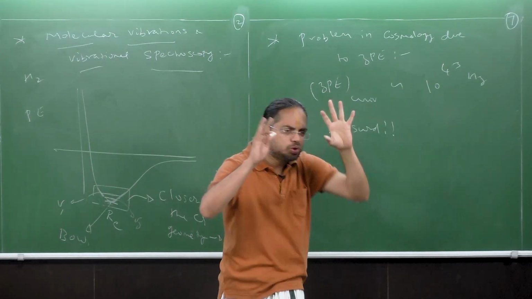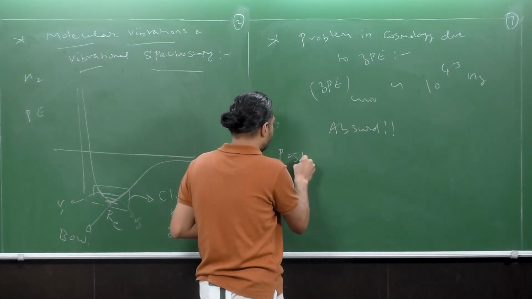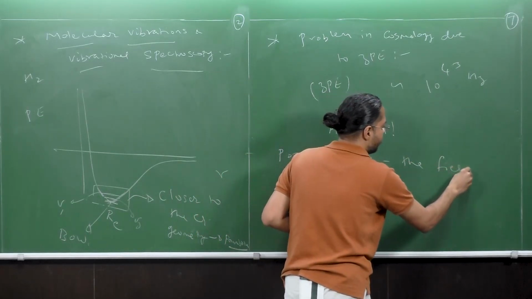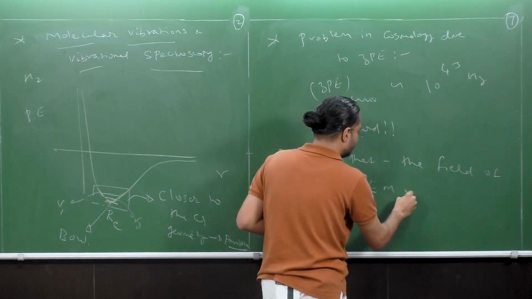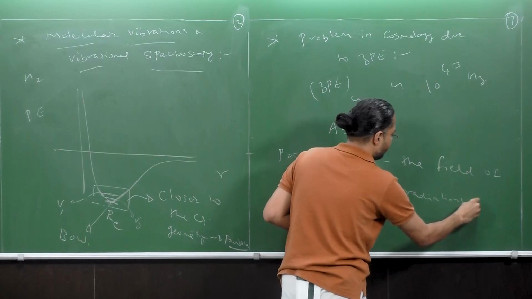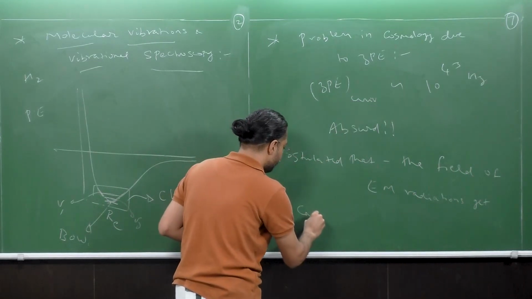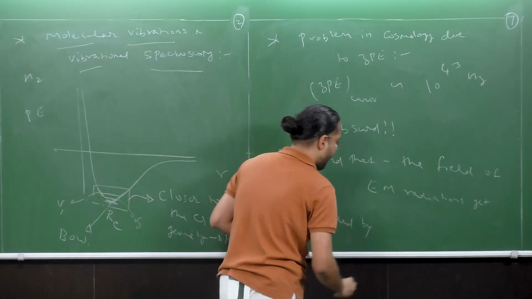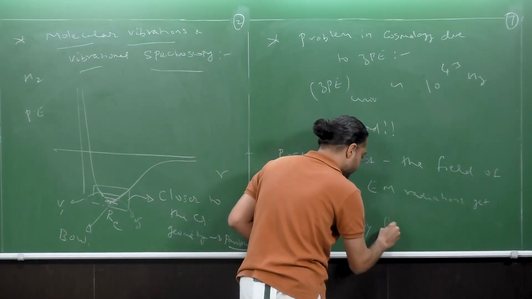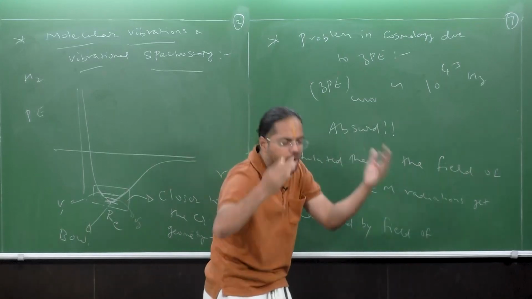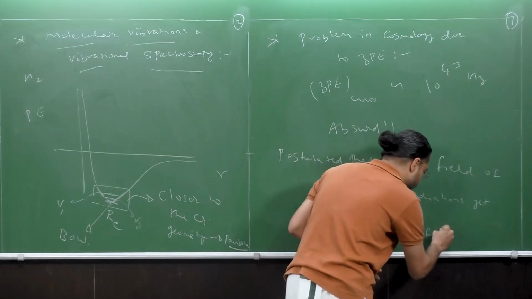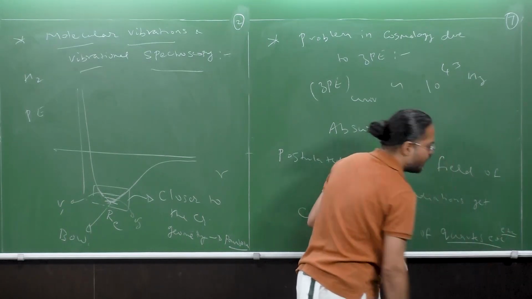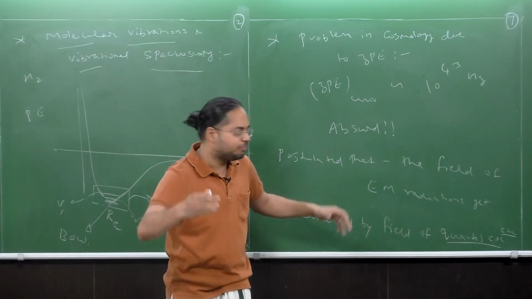So it has been postulated that the field of electromagnetic radiation gets cancelled by the field of various quarks, bosons, fermions, etc. Now, please don't be upset if you didn't understand this particular sentence.